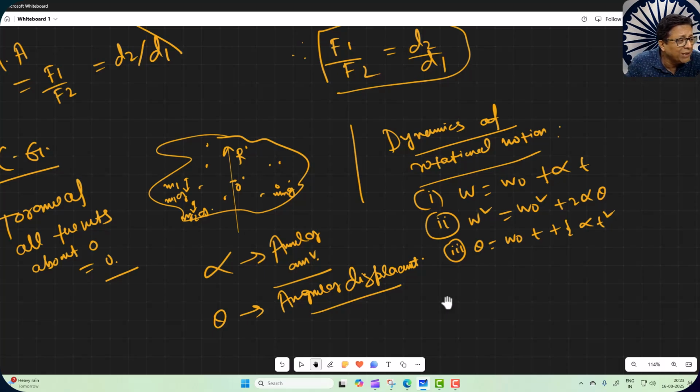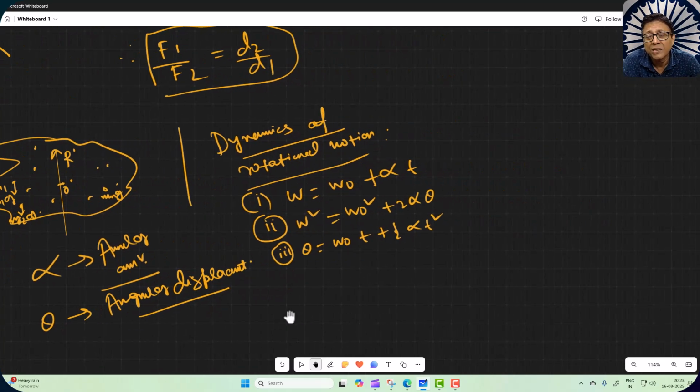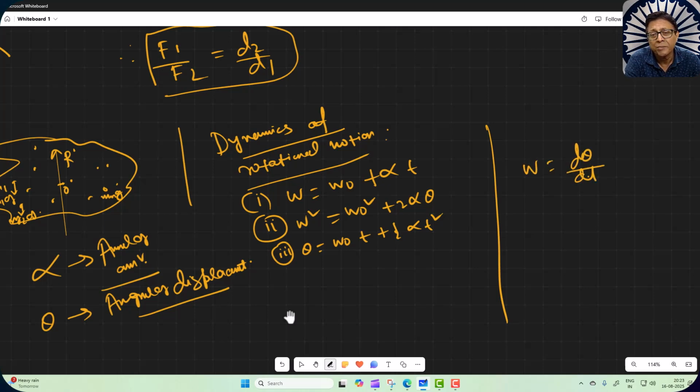What you will do at home, you will find the derivation of these equations. You will start with omega equal to d theta by dt, and alpha equal to d omega by dt, and you can derive all the equations one by one.